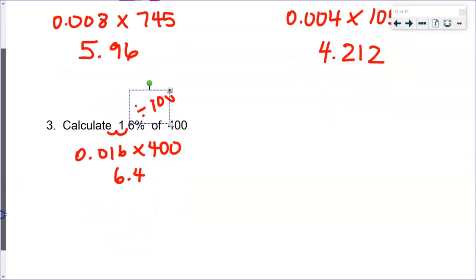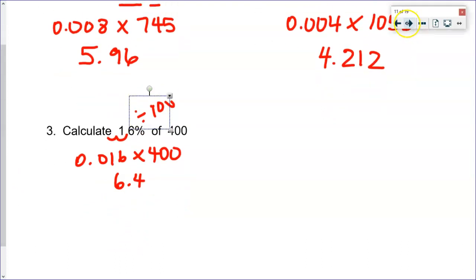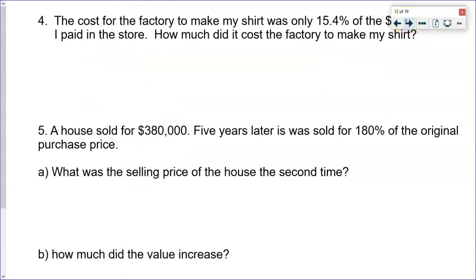Now let's get into some real questions here, real world questions, so this makes some sense. So here we are. The cost for the factory to make my shirt was only 15.4% of the $55 I paid in the store. So I want to know, how much did it cost the factory to make the shirt? So what I'm going to do is the same thing. I'm going to change this into a decimal, not a decimal percent.